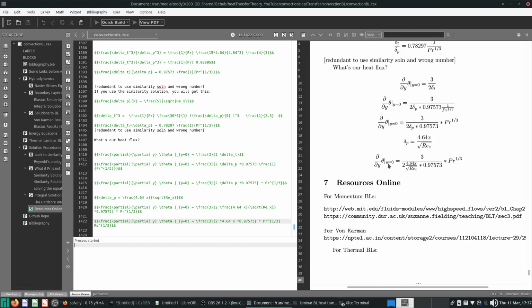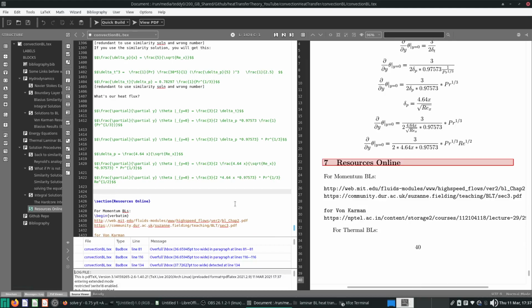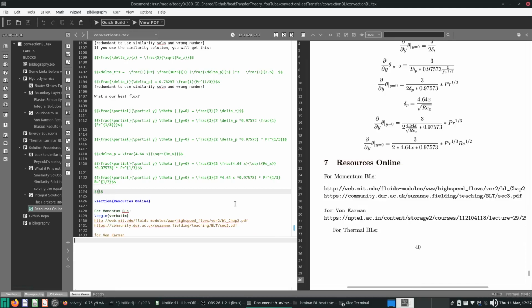Okay, so let's try putting some Nusselt number to it. Nu equals hL or hx over k. So this is Nu x.